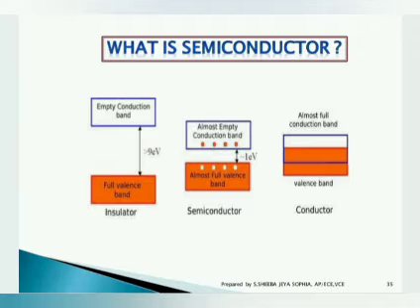You can see clearly in this diagram that in a conductor, the conduction band almost overlaps with the valence band, whereas in an insulator there exists a large band gap between the two bands. In a semiconductor, the conduction band is almost empty and the valence band almost full, with a small energy band gap between them. So this is the band gap property of the semiconductor compared to both conductor and insulator.